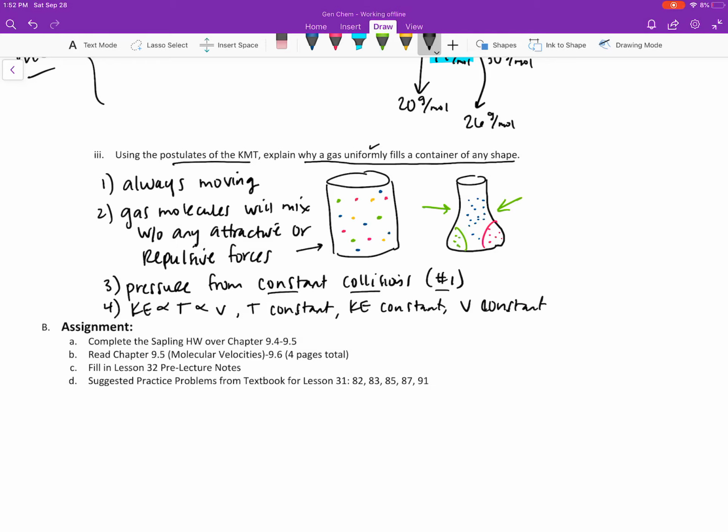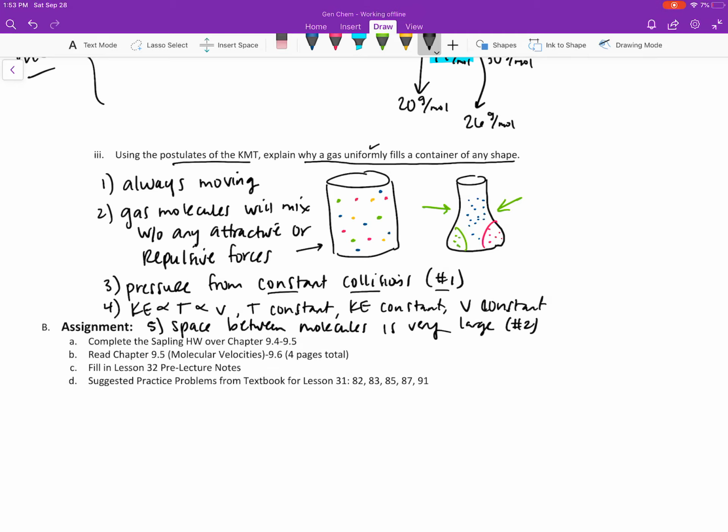And then the last one is the space between the molecules, and that really goes back to number 2. So the space between the molecules is very large because number 2 is true. They don't exhibit any attractive or repulsive forces in the container.